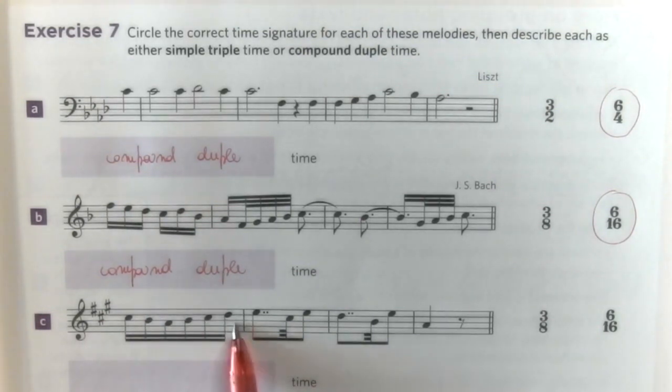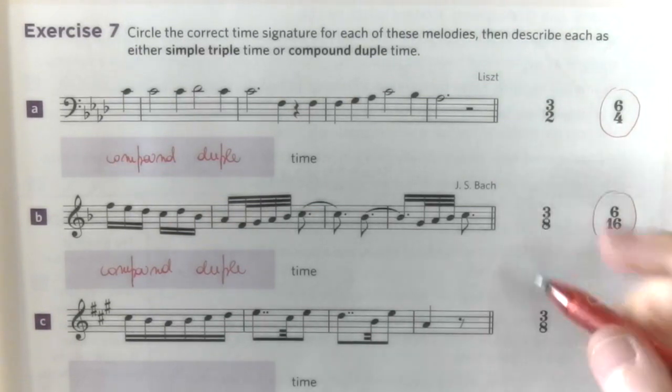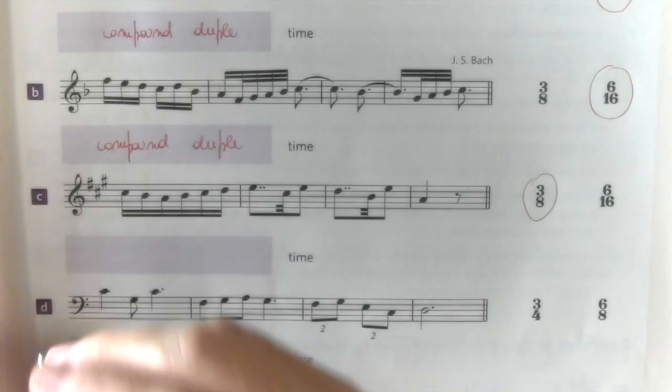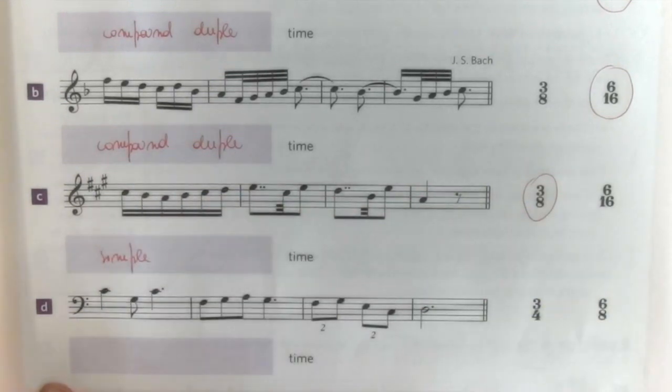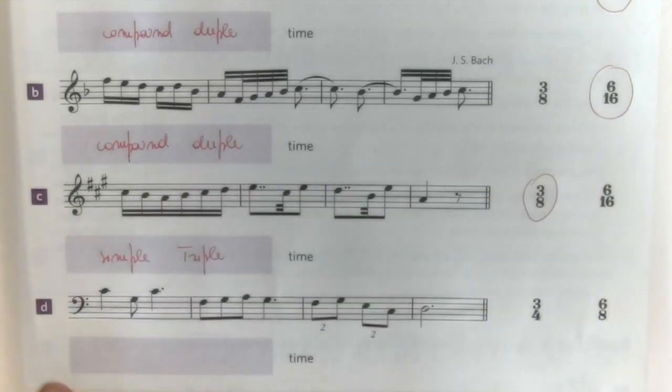1, 2, 3. 1, 2, 3. I'm counting the quavers. 3/8. This is a simple triple time.